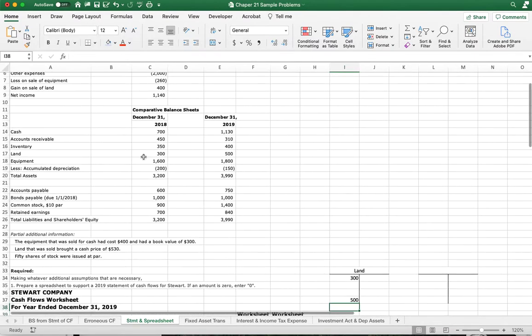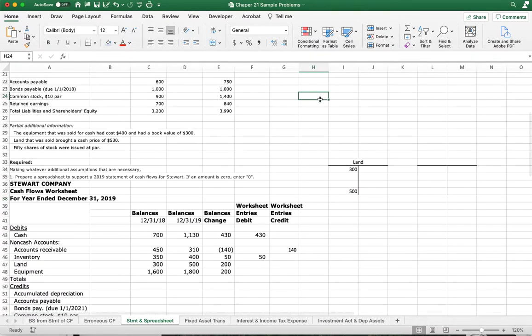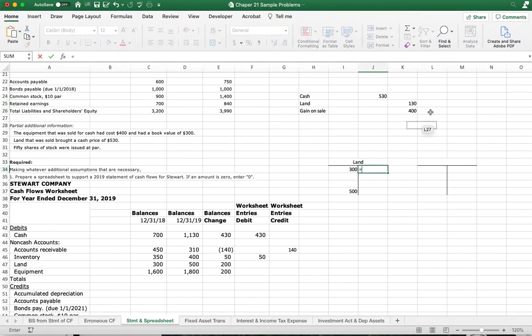If we were to reconstruct the journal entry associated with that, we would have a debit to cash for $530, and then a credit to land and a credit to the gain on the sale of $400, which means that we must have credited land for the difference of $130. So down here, we need to pull down that credit of $130, and we can also plug that credit of $130 into our worksheet.